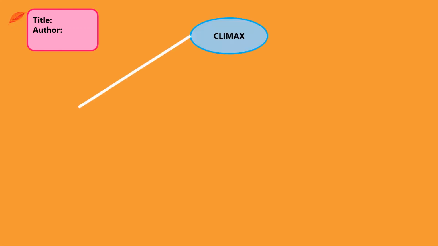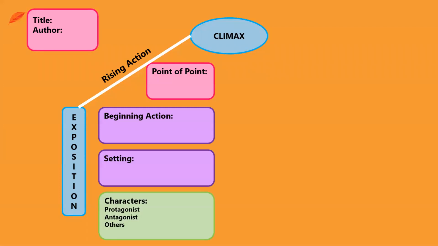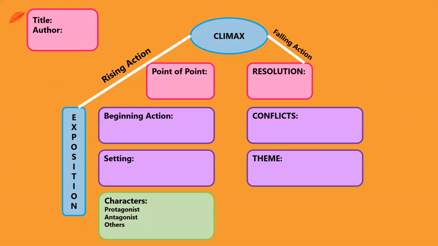Here's the climax, the rising action, exposition, point of view, beginning action, setting, characters, falling action, resolution, conflict, theme, and that's it. Okay, so this is what a graphic organizer for analyzing story elements looks like.